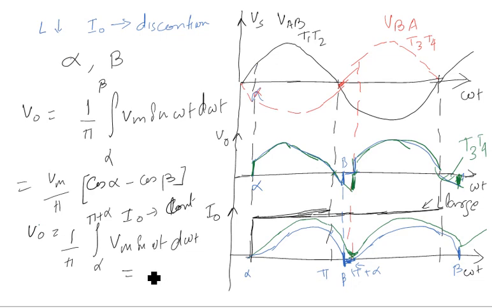It will be 2 Vm by pi cos alpha. You calculate it, you will get this. So what is the change? Because of the negative half cycle, the output voltage will be lower.